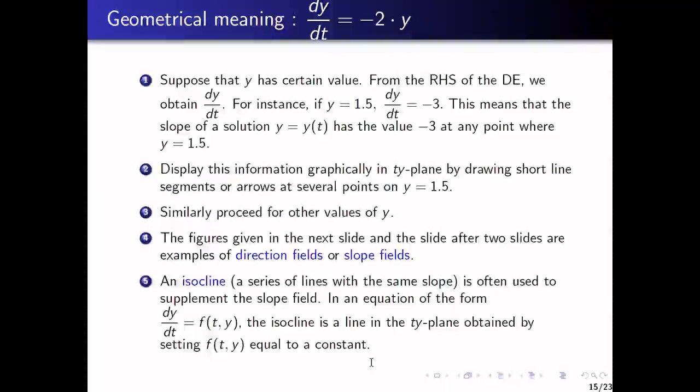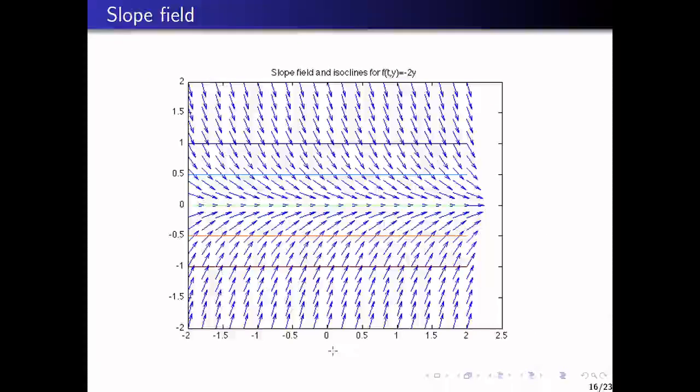Like last time, we were choosing the constant to be a particular value and that was becoming the slope. In this diagram, the colored straight lines are the isoclines. In this figure those isoclines are parallel to the t-axis, but it may not be the case for all differential equations.